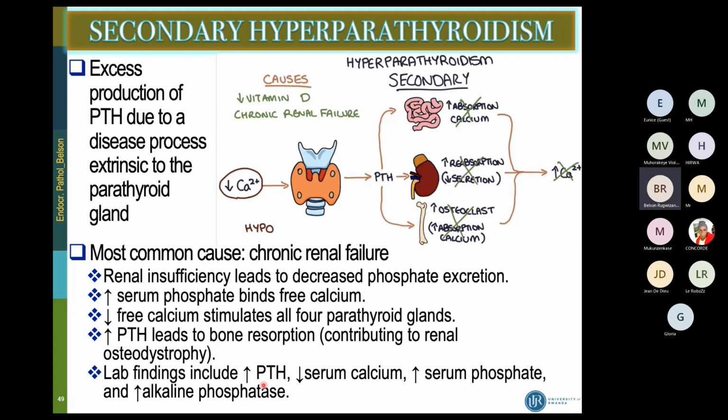So lab findings include increased PTH, low serum calcium, higher serum phosphate, and increased alkaline phosphatase. If you compare these to the previous slide, most of the laboratory findings are the same.